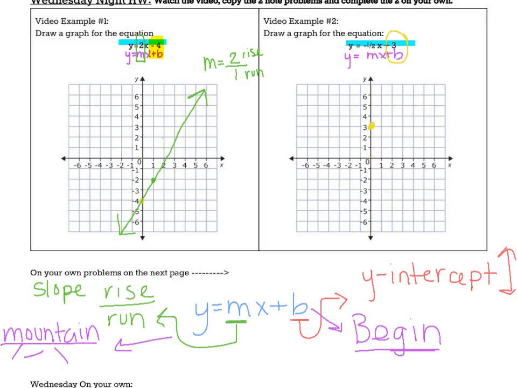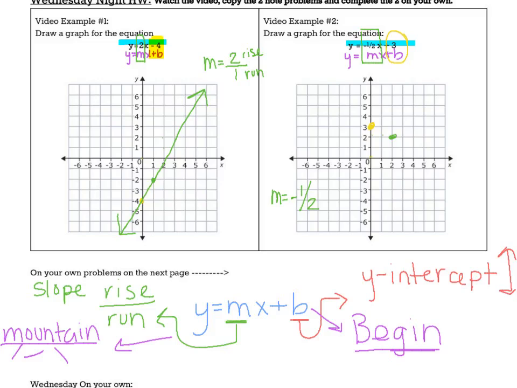Now we need to create our mountain. Our slope here is negative 1/2. So m equals negative 1/2. This is saying I'm going down 1 and running 2. Remember that negative slope means down. So from that original yellow dot, I'm going to go down 1 and over 2. 1, 2.